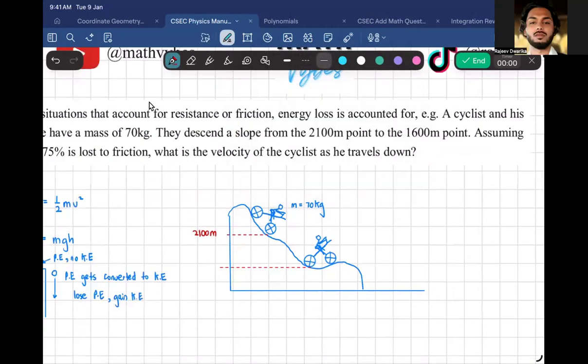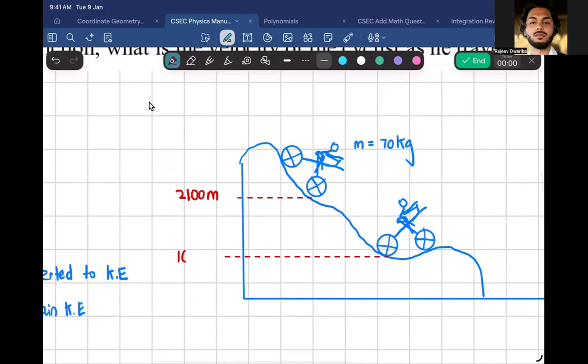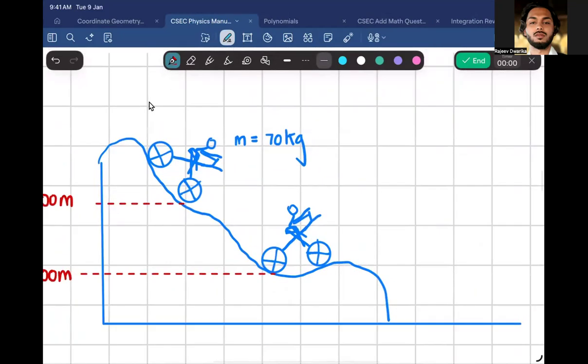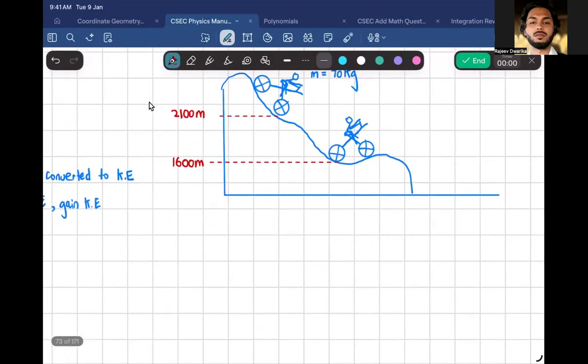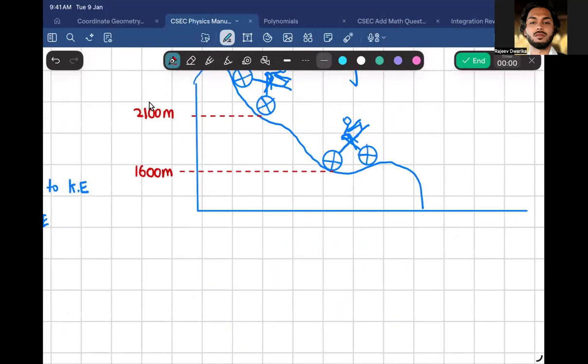All right, 1600 meters will be over here. So this man clearly possesses potential energy. So, Shina, don't we know that the potential energy would get converted to kinetic energy? Yes, sir.